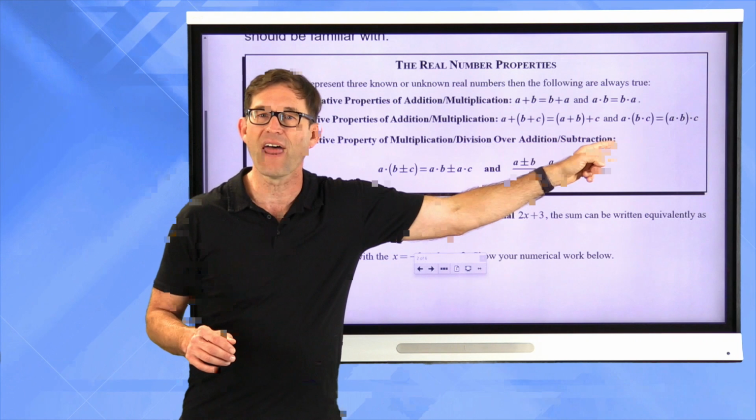And again, the reason that I do this is so that I can do all this rearranging and get 5x squared plus negative 2x squared, plus 8x plus negative 3x plus negative 4 plus 10.